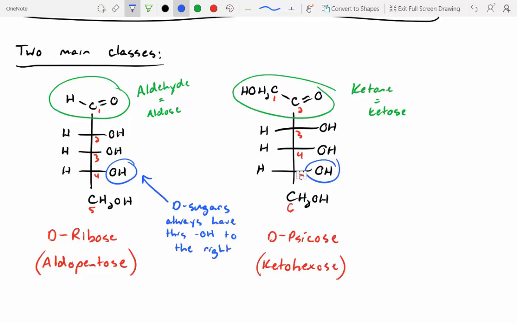So it's always going to be on the right side of the molecule. Nature is very, very particular about the stereochemistry at that specific carbon. So this specific carbon in nature always has that hydroxyl group pointing off to that one direction.